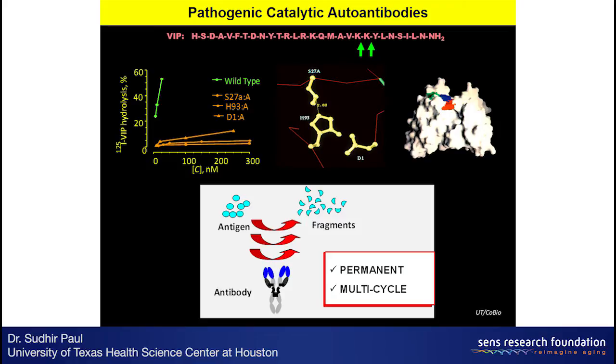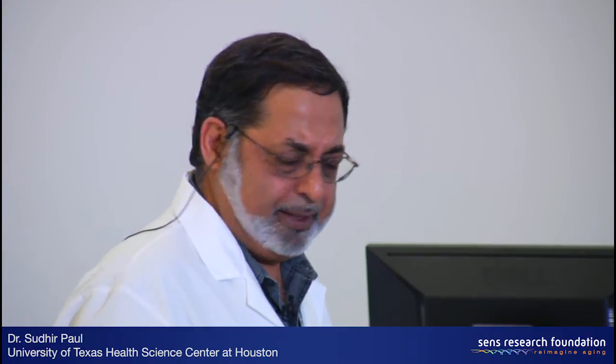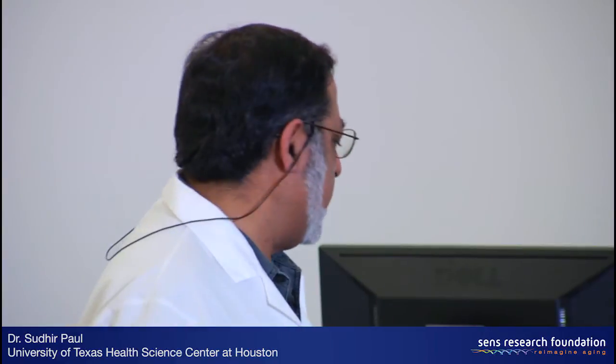The antibody catalyzes; it can be reused again and again to break the antigen. Because the antigen is broken, this is a permanent action of the antibody on the target, as opposed to a reversibly binding antibody, which releases the target upon dissociation. So this is the reason why catalytic antibodies generally display greater potency than their reversibly binding counterparts.